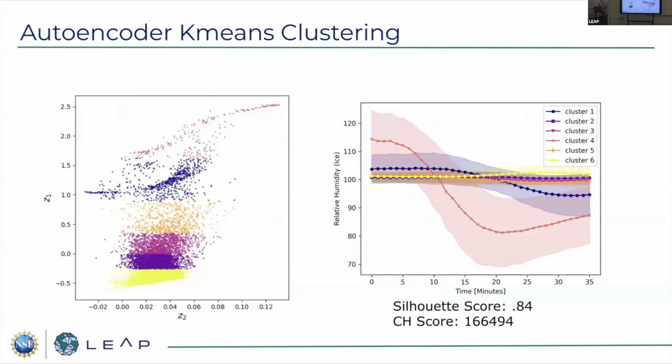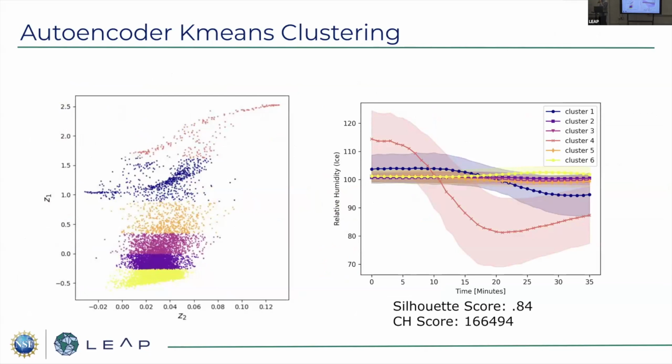I then decided to use an autoencoder, which compressed the data down into a lower number of dimensions. We had a 35-dimensional array to represent the trajectories before. But by using this deep learning method, which could find nonlinear relationships, we can get it down into a 2-dimensional latent space, which I have plotted here on the left.